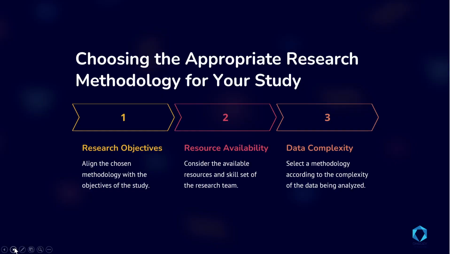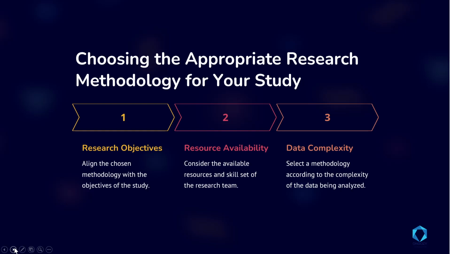So next, let's choose. How do you choose the appropriate research methodology for your study? So number one, you look at your research objectives. Does this methodology align with your objectives? Then number two, look at the resources that you have. Do you have skills? Do you have resources?